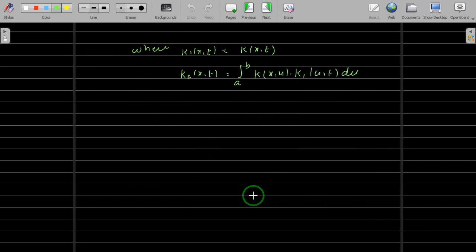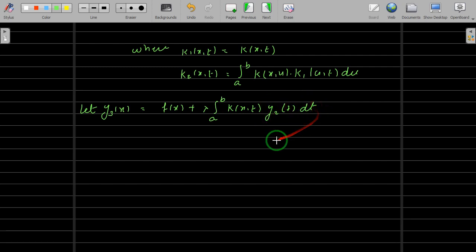If you go for y3, let y3 of x be equal to f(x) plus lambda integral a to b k(x,t) y2(t) dt.